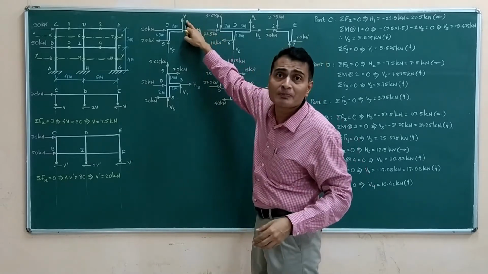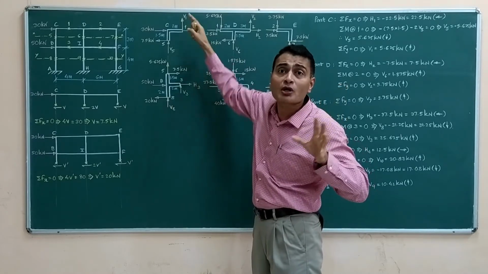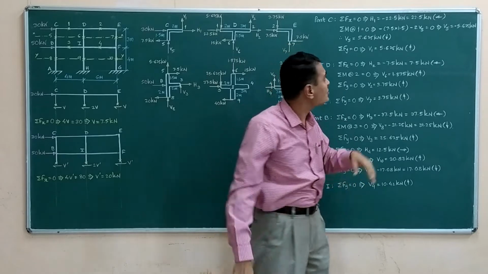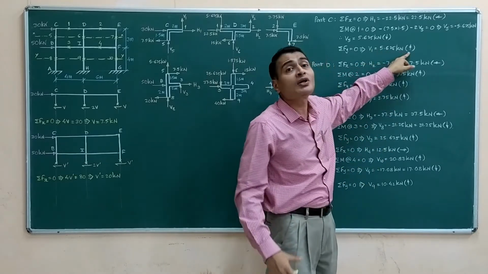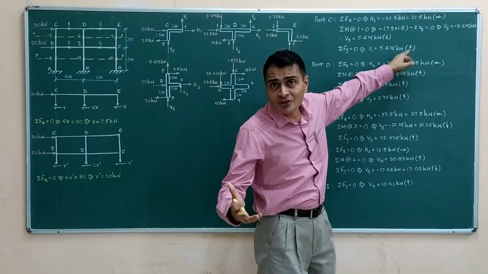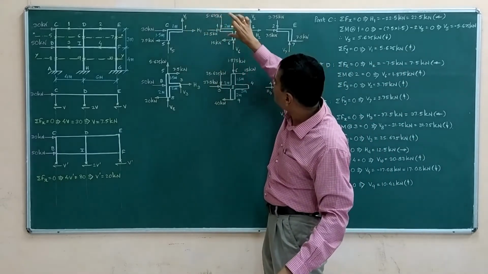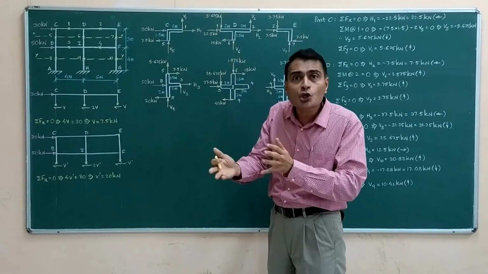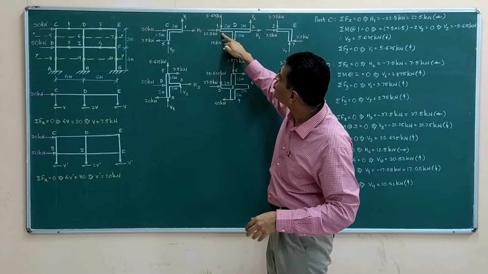This is V1. I have shown it upwards, but I will first confirm what is my real, actual answer. So I see that V1 is 5.625 kilonewtons, indeed upwards. Now if V1 is upwards here, equal and opposite I have to show on the adjoining part. So I am showing 5.625 kilonewtons downwards.